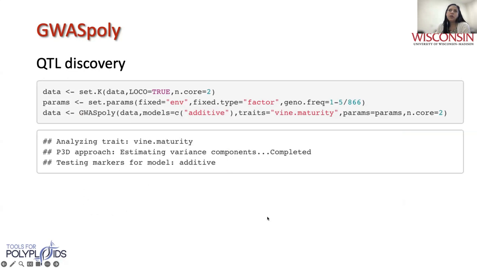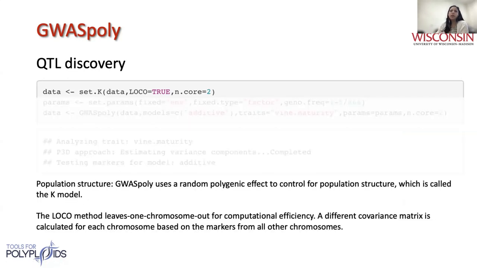The second step is to go for QTL discovery, but there are a few steps in between. The first one is to use the set_K function, which will account for population structure. And this is a K model that you can determine based on what are the parameters that you would like to use. For instance, the newly available LOCO method will leave one chromosome out for computational efficiency.